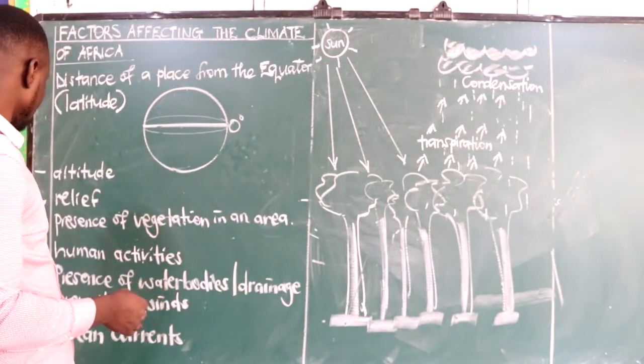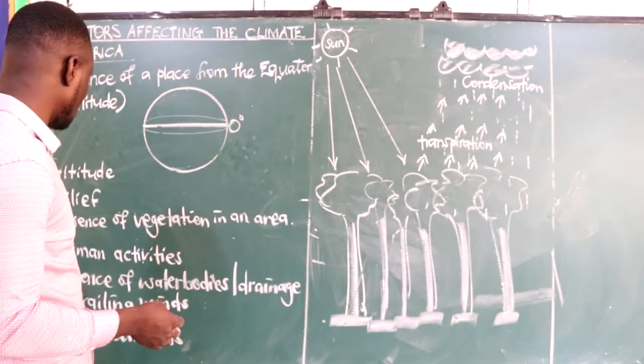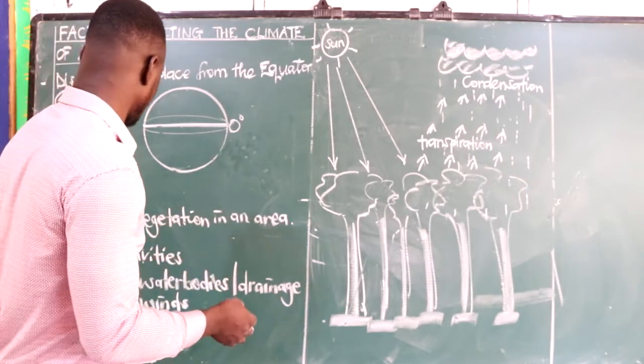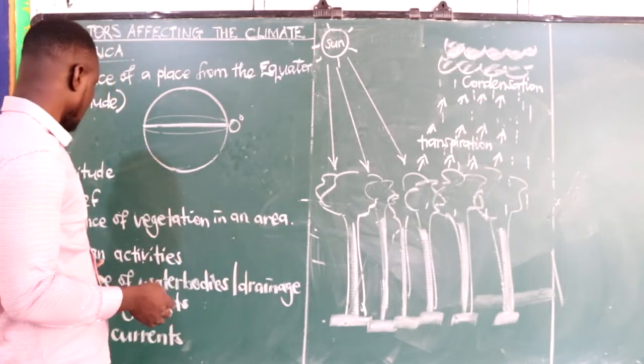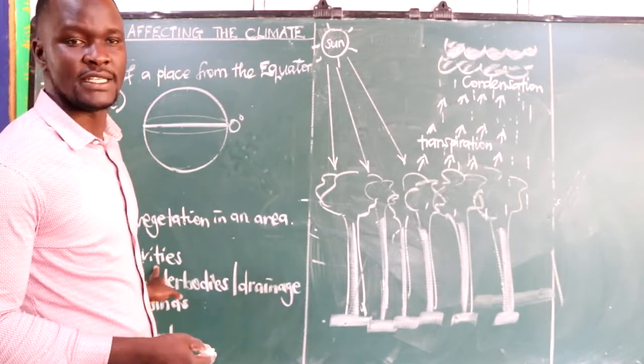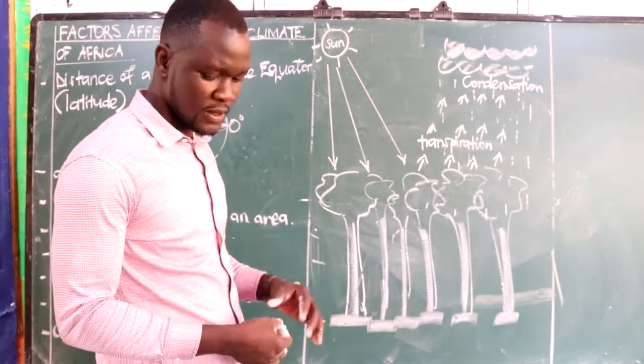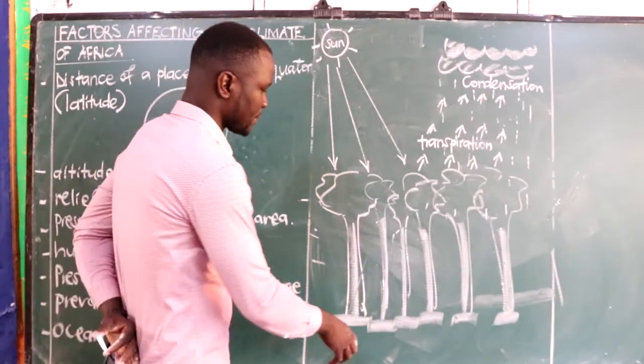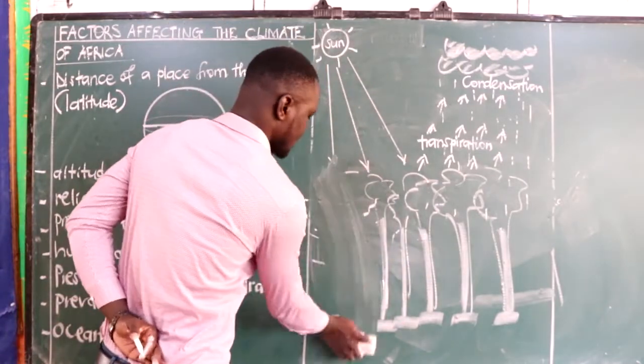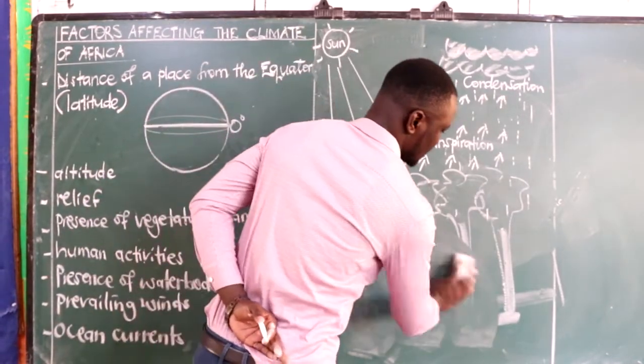Then the other one. We have already talked about vegetation and water bodies. Let's look at human activities. We are looking at how human activities affect the climate of an area.